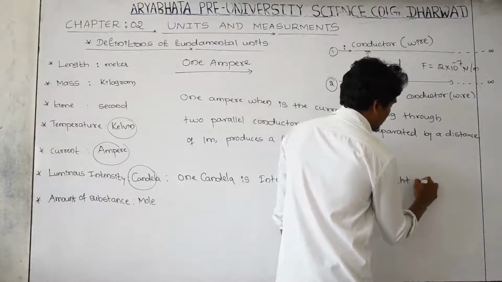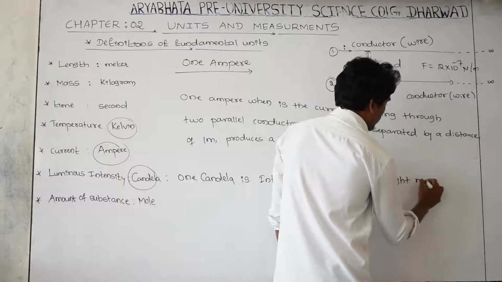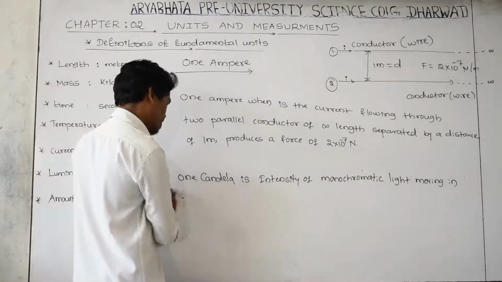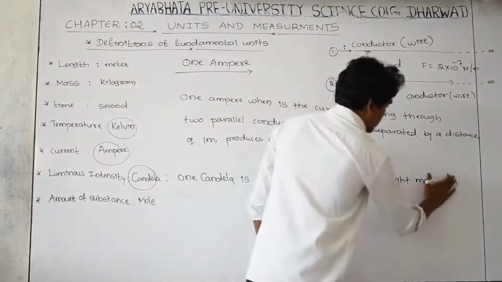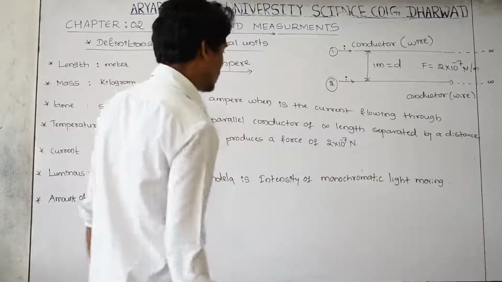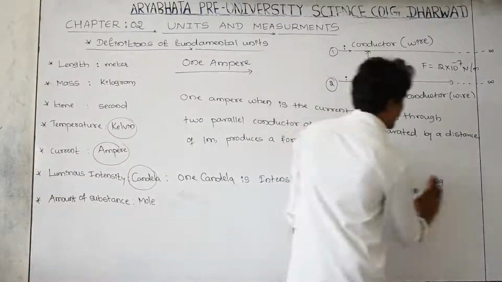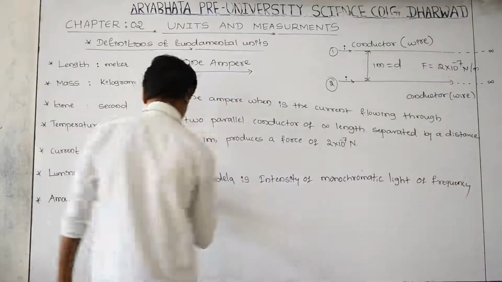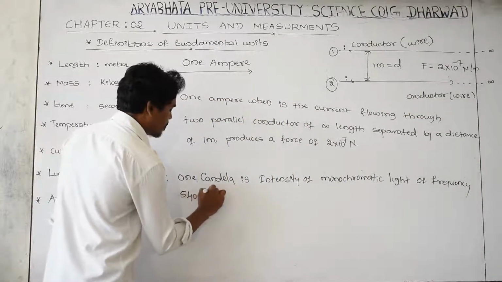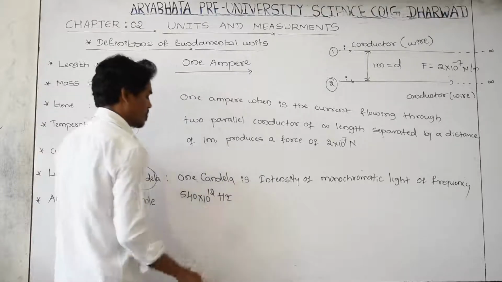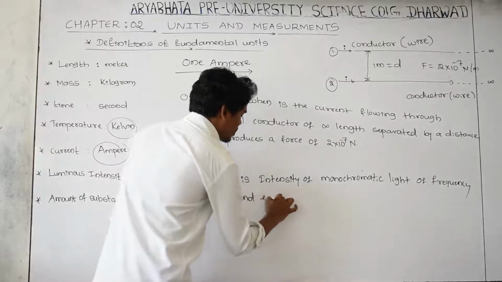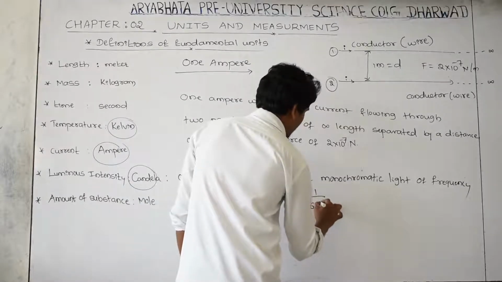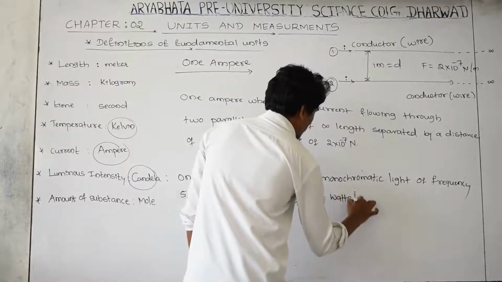Monochromatic light moving in the same direction, propagating light of frequency 540 into 10 to the power of plus 12 hertz, and emitting 1/683 watts per steradian.